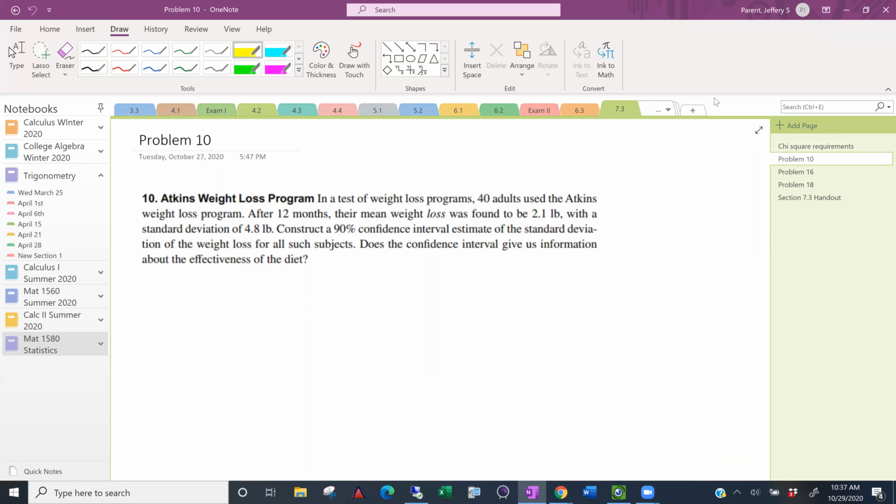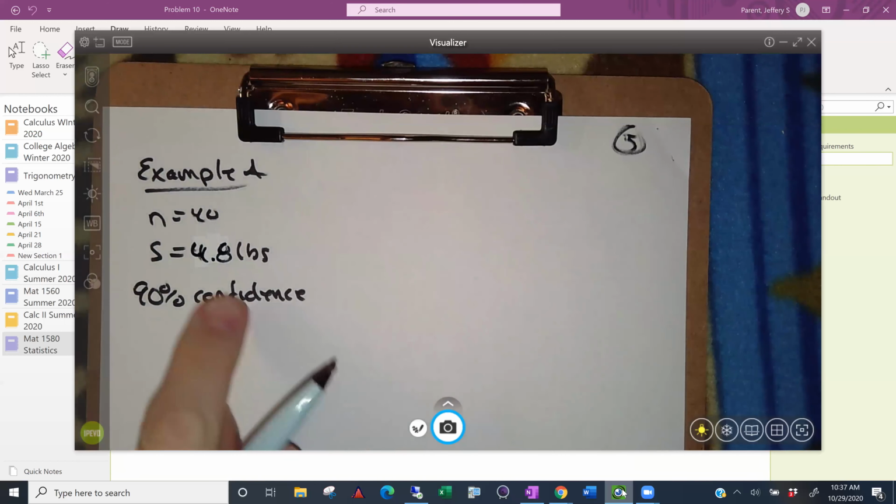You're right. I copied down the wrong thing. My bad. Yeah, I was scanning it too quickly. Yeah, so 4.8. There we go. Had it all the time. Thank you.